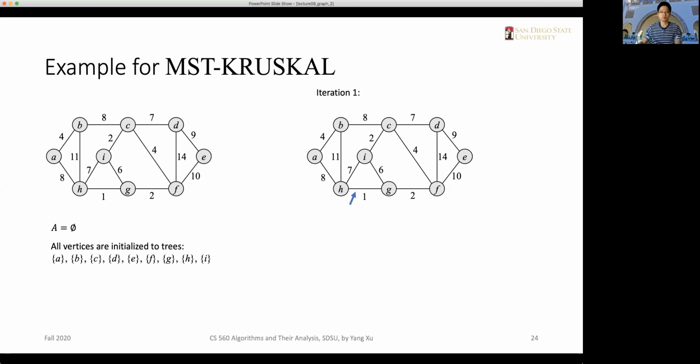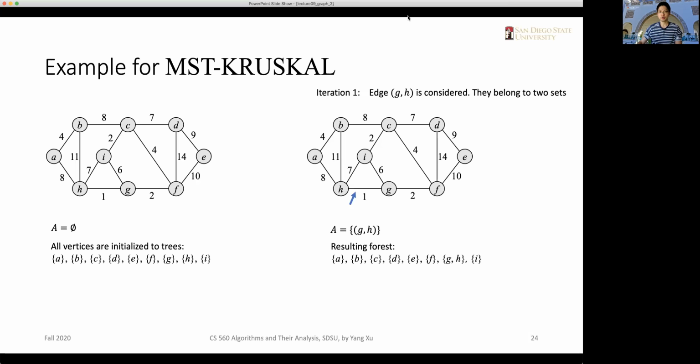If we select HG or GH, because they initially belong to 2 sets, the algorithm will merge them, and we first add that edge to A. So now A will contain 1 edge, and the resulting forest will be like this. GH will be united into one set. That's after the first iteration. I will highlight GH as it's part of the current subset A.